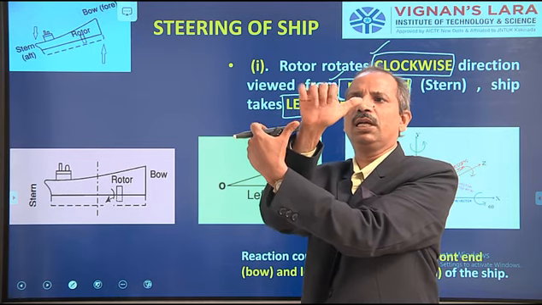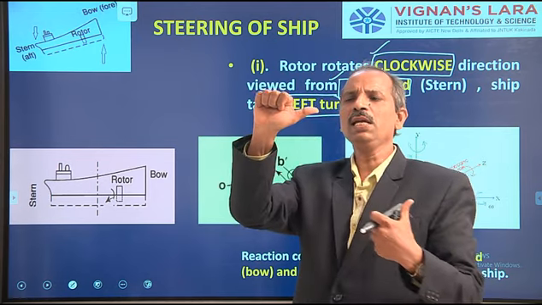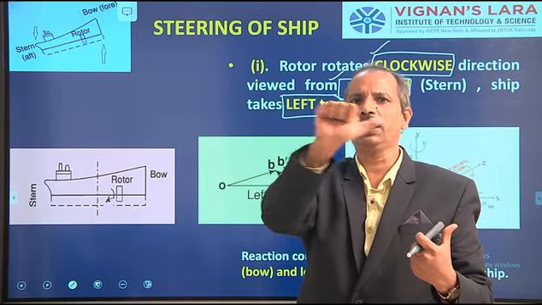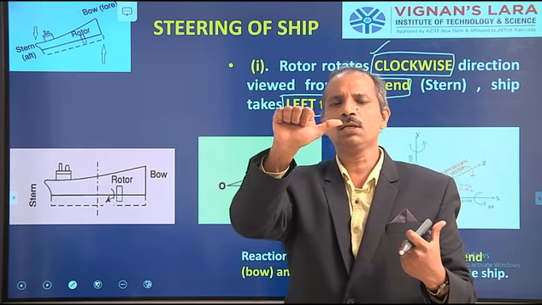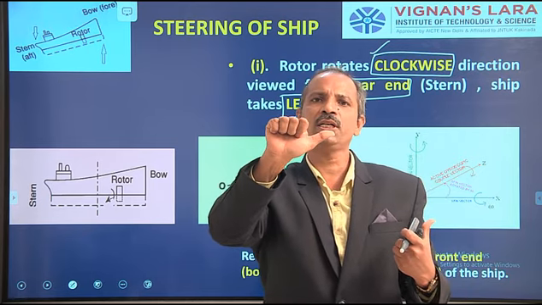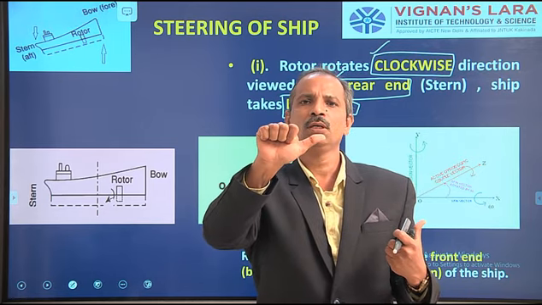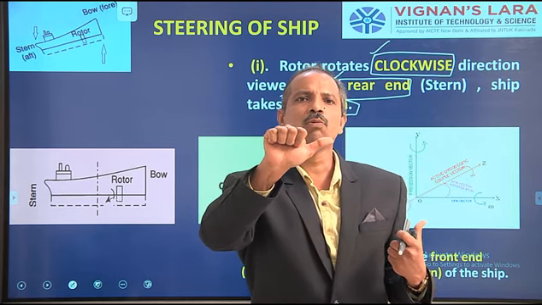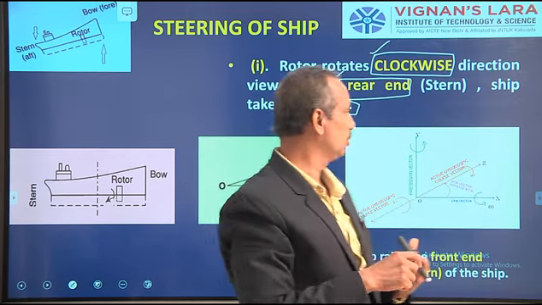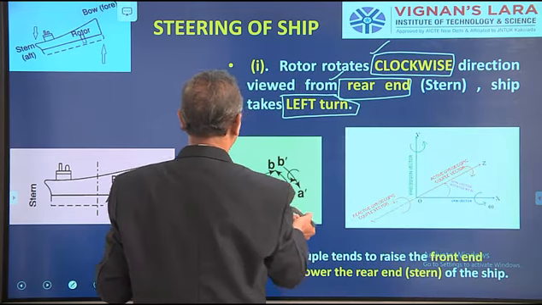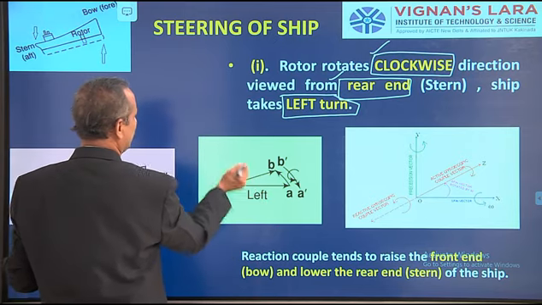Then my thumb is indicating the spin axis. With respect to you, the thumb is moving towards the right. That is the spin vector initially.